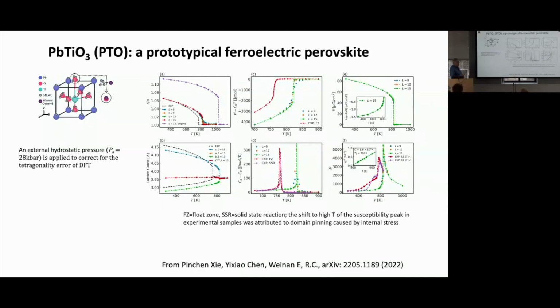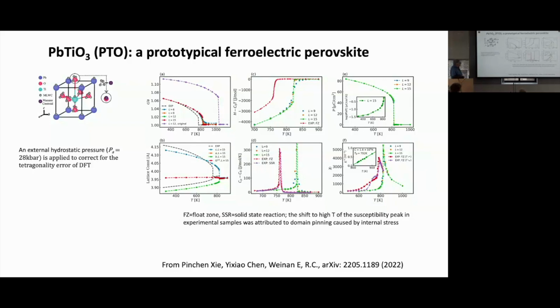Now, we use one DFT functional here. We didn't study dependence on other functionals, but I think that all the functionals have limitations. We use SCAN here, but the limitation is that if we just don't do anything, this is what we get for the c over a, and this is what happens in experiment.